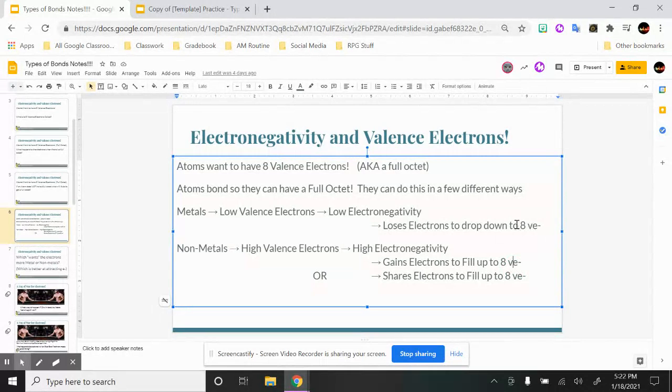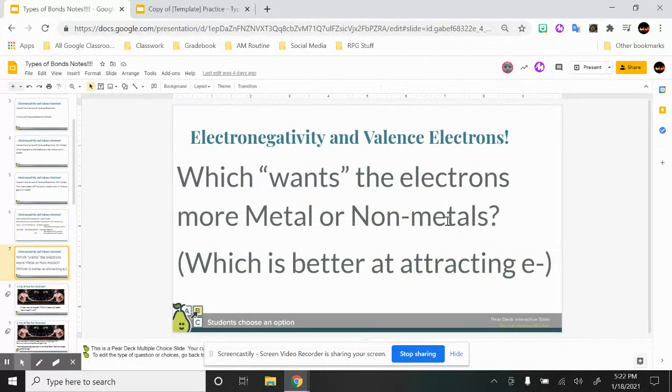No matter what, we end up with 8. But metals that have low electronegativities are going to lose their electrons to drop down to 8. Nonmetals that have high electronegativities are going to gain or share electrons to fill up to 8. So nonmetals are better at attracting electrons than metals. Nonmetals have high electronegativities. They're better at attracting electrons.